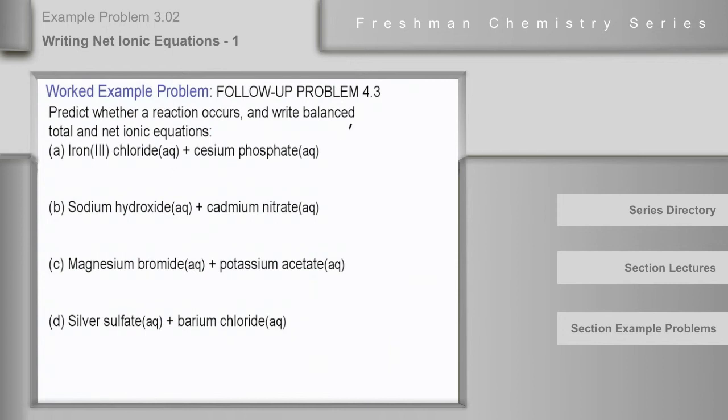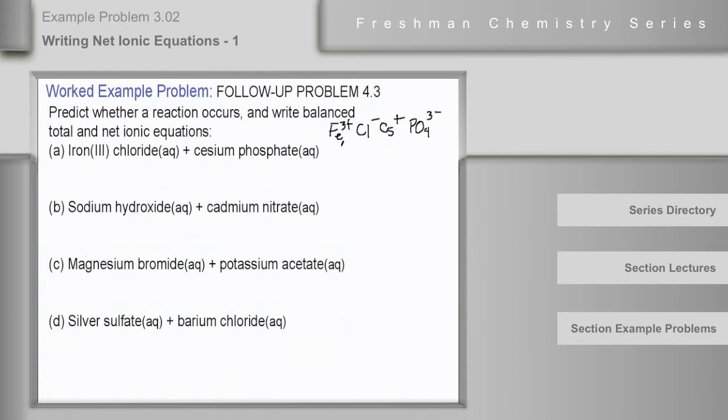So we have to consider in each case whether or not any combination of the positive and negative ions will be insoluble. In the case of iron 3 chloride, we have Fe3+ and Cl-, and with cesium phosphate we have Cs+ and PO4 3-.